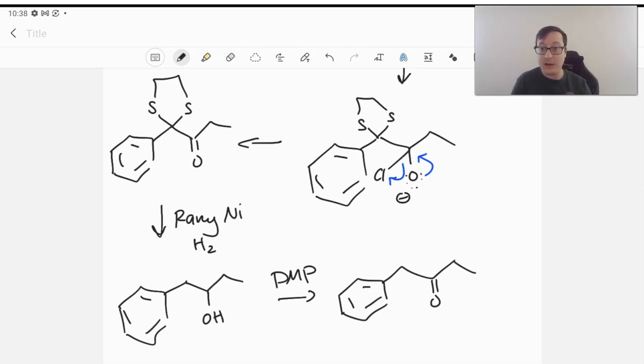So crazy stuff we can do. Electrophiles can be acyl chlorides, alkyl halides, nitros. Remember we had that nitric acid and sulfuric acid to make the nitronium ion as an electrophile. Aldehydes, ketones, we can attack those as well.